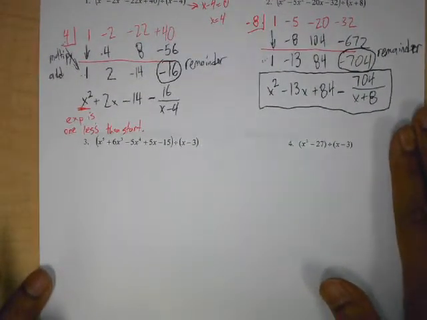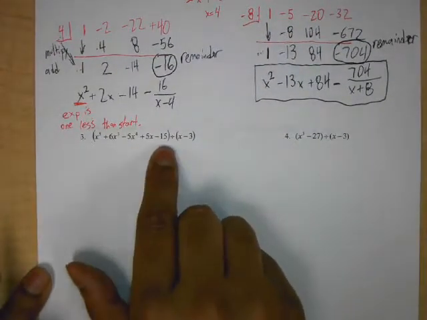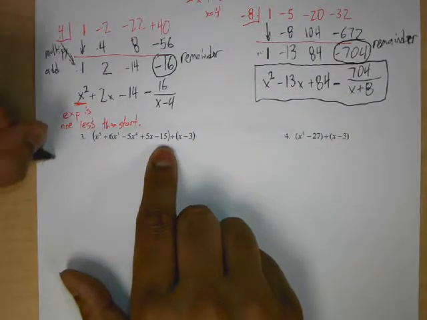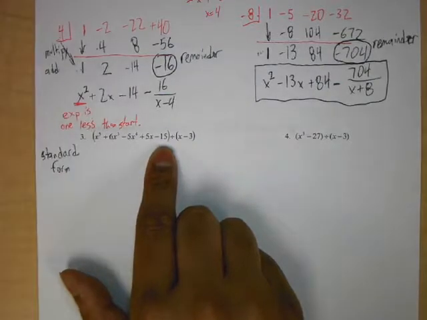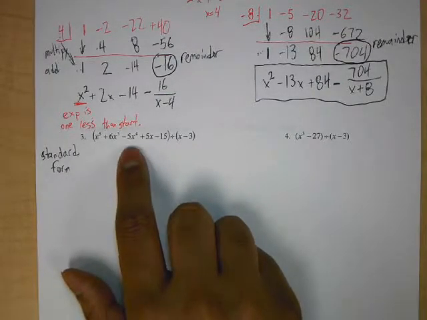Now, let's take a look at the next one, okay? So the first thing I notice here is that this is not in order. So let's put this in standard form. Standard form means we've got to lead out with the highest exponent.